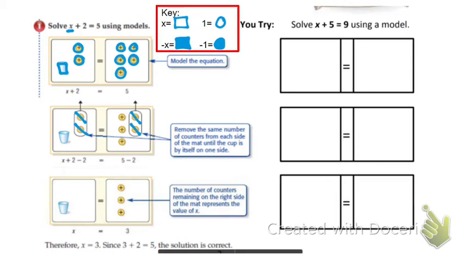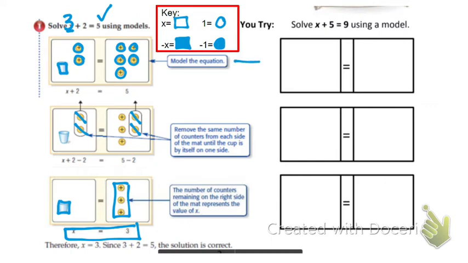That would leave us with the x all by itself, which is what we want, and we are left with 3 on the other side. So the solution would be x equals 3. You would double check this by taking the 3 and putting it back into the equation, replacing that x. So 3 plus 2 is 5. That is correct. So we're going to go ahead and try it on our side, following these steps.